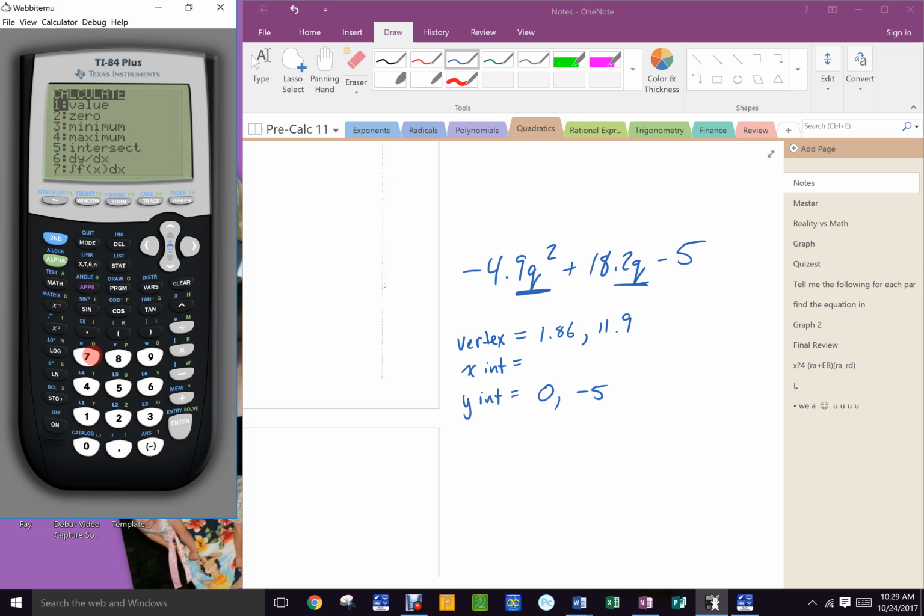Now I need my zeros. Second calc 0. Am I to the left of this x-intercept right now? Yes, how do I know? Because my y value is -5, right? So I'm going to hit enter. Now, when I move to the right, what happens? As soon as I cross the x-axis, what's going to happen to my y values?